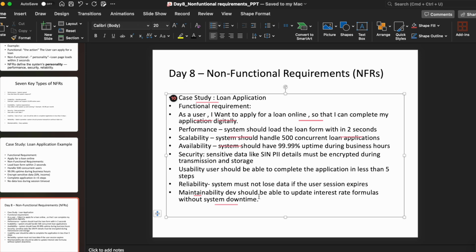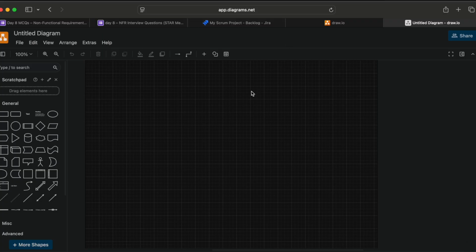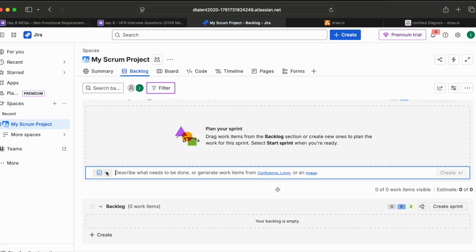Okay. Now let's write a user story for this one. How can we write a user story for this example? Okay. So let's go back to Jira. No drawing diagram today. Let's create a user story here.